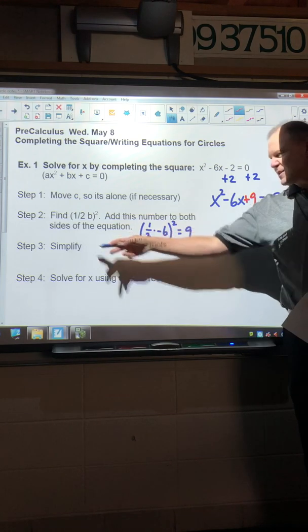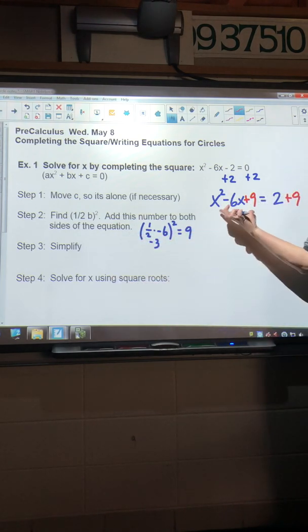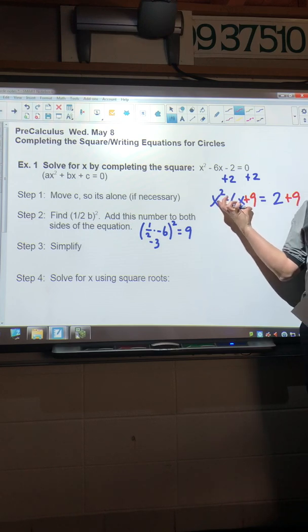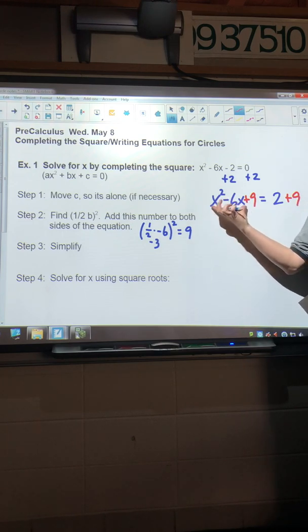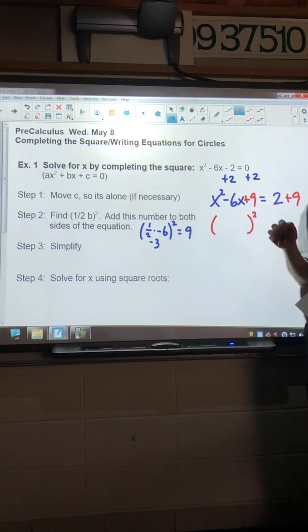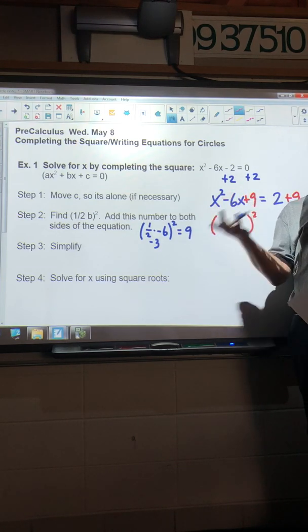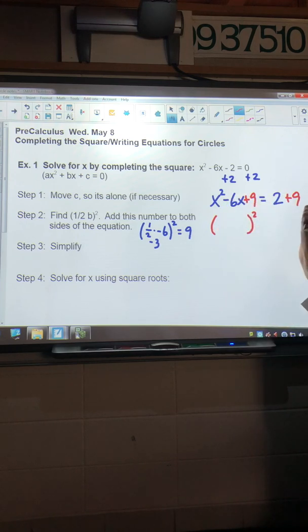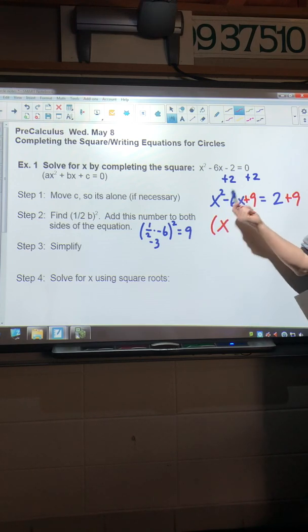Then step 3 says to simplify. What we created here is called a perfect square trinomial. And that always factors. Your 2 factors are going to be the same factor. That's why it's called a perfect square. And if you remember the shortcut, just take half of this b value.